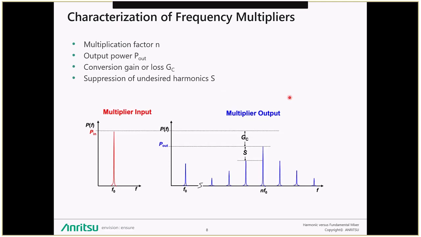So having in mind this behavior of a nonlinear device, what do we want to do with it? First of all, we want to characterize some characteristics of this nonlinear device. For example, at the input of these multipliers we have one sinusoid with a certain frequency and an input power, and what we will get at the output is a bunch of different frequency components, of which we only need one for our purposes.